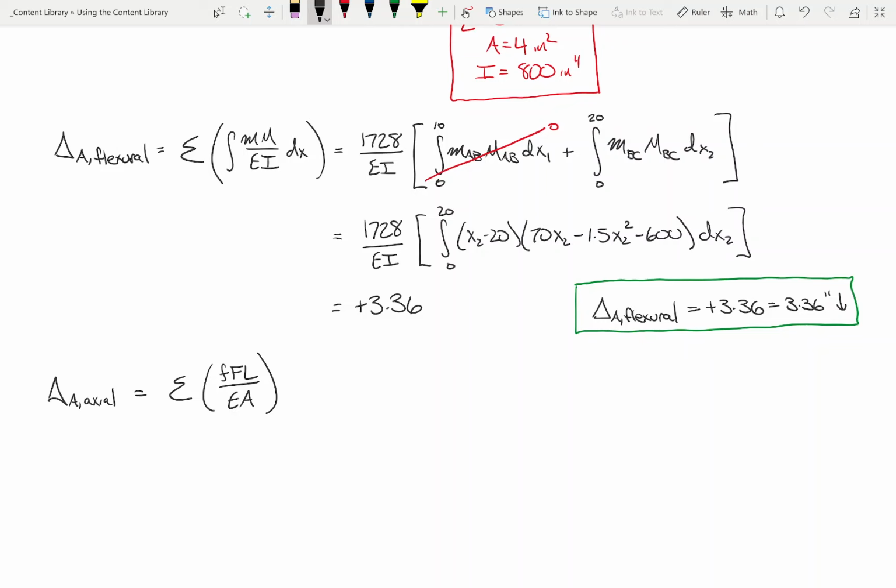Remember, if all the f terms are constant, we have little f, big F, EA, times an integral from 0 to L of just dx. That integral is just L, right? So we don't need to perform the integral. We didn't have to do it for trusses, sort of the same thing here.